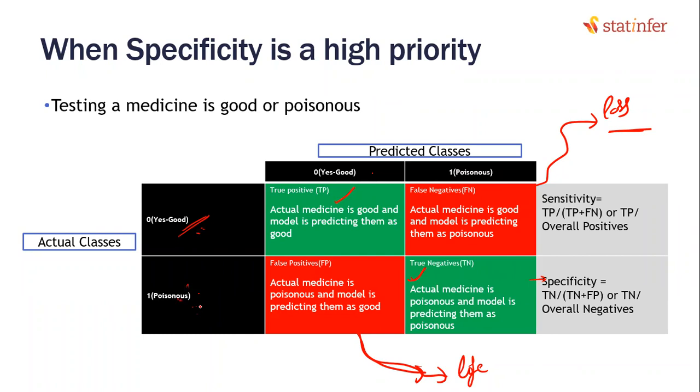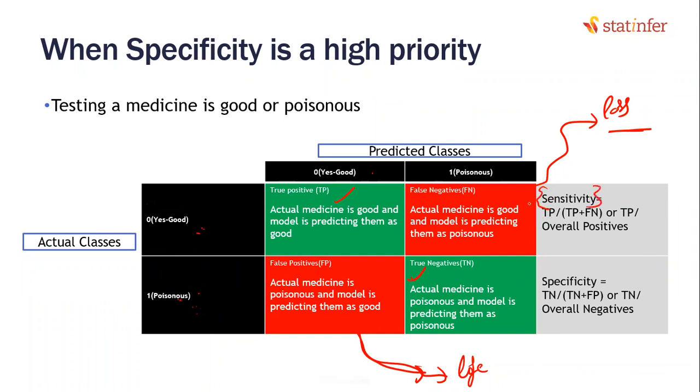Sometimes, if it is here, then you will say sensitivity. If it is here, then you will say specificity. I can't always say that always sensitivity is good, always specificity is good. No, depending on the problem that you are handling, look at the row, understand the problem statement, which class is important for me, which loss is more dangerous for me. Based on that, you decide whether it is sensitivity or specificity. But always the first row is sensitivity.